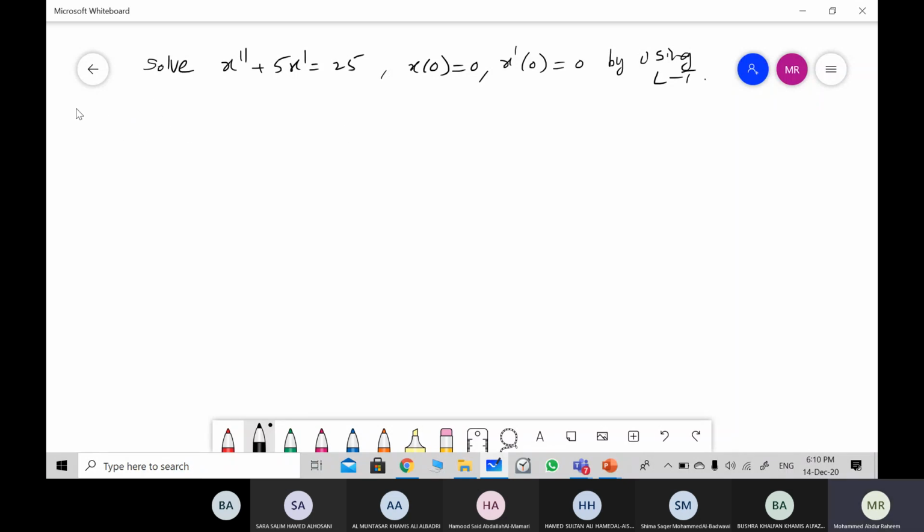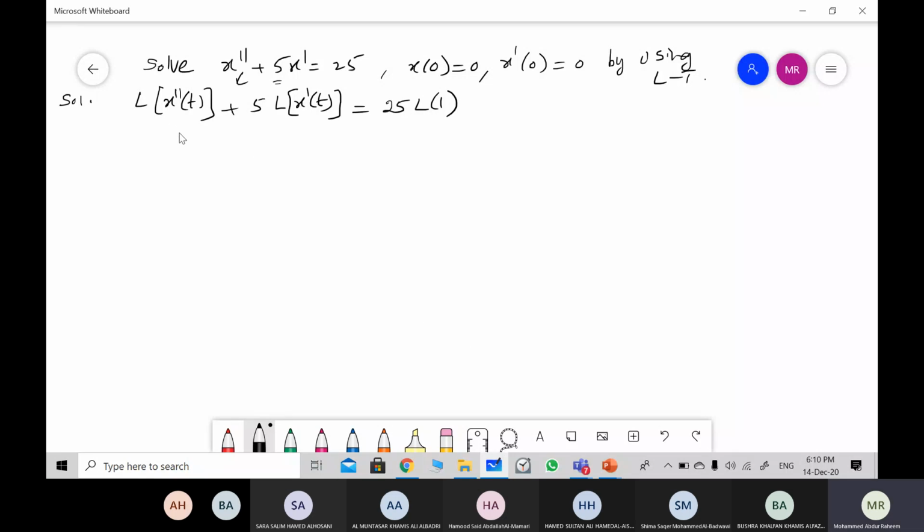Step 1 is taking the Laplace transform on both sides. That is L of x double dash of t, you have to write the bracket t if not given, plus 5 constant times L of x dash of t, equals 25 constant times L of 1.